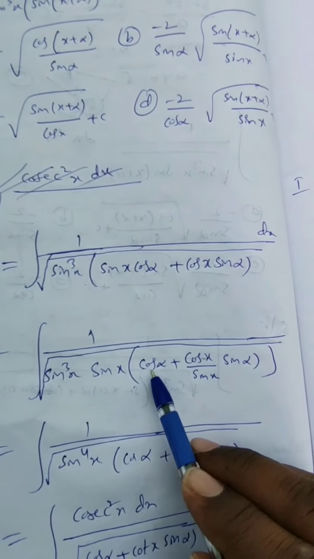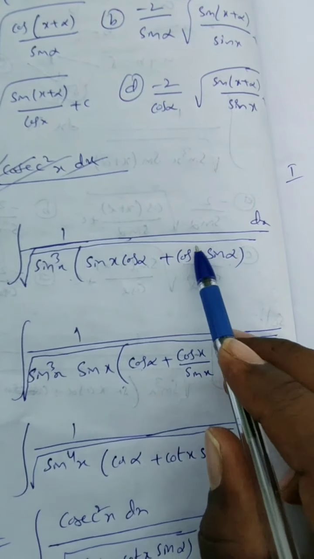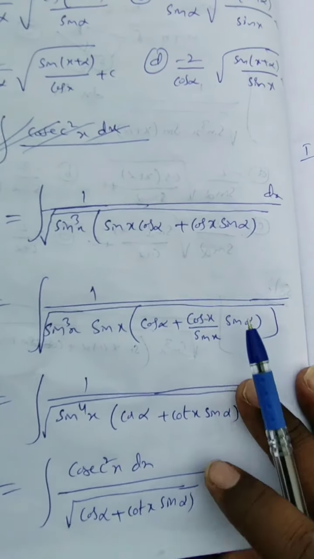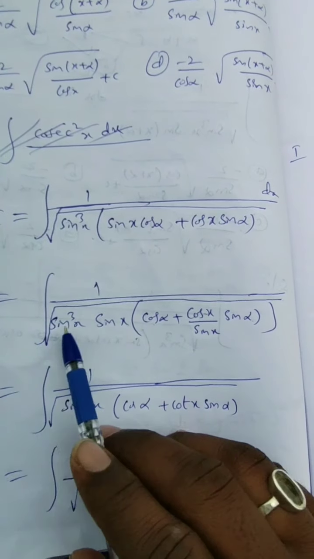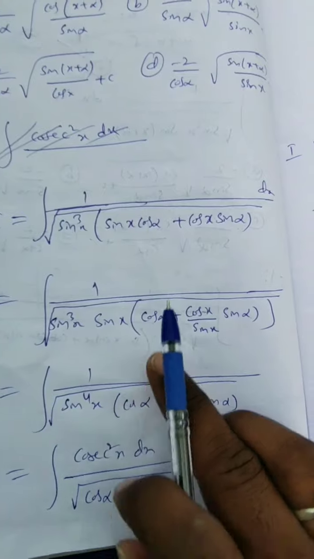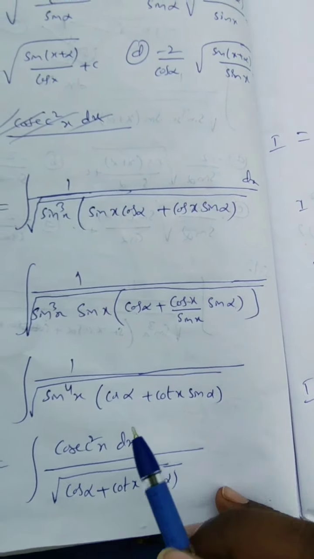Here is left cos alpha plus cos x upon sine x into sine alpha. So I get integration 1 upon under root of sine cube x into sine x, that is sine power 4 x, under bracket cos alpha plus cot x into sine alpha.